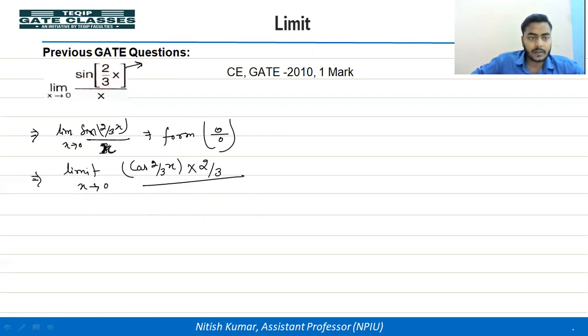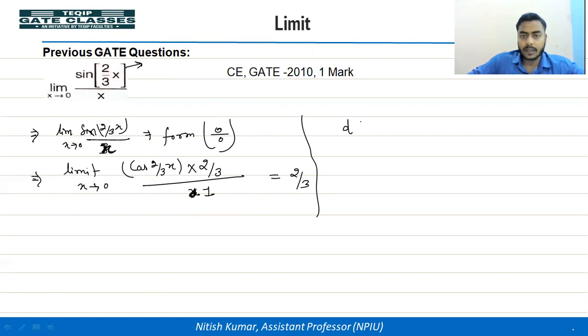The differentiation of x is 1, so we are getting 2 by 3. Always be quick to check the form.